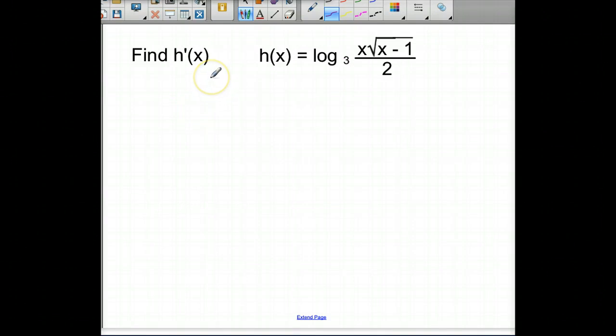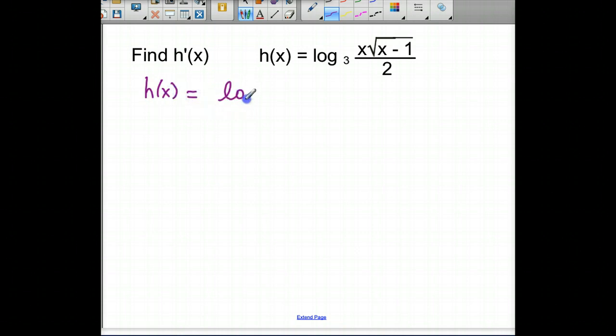How about this one? If we have to find the derivative of h, and h has all these logs, right? Can we use the log properties to simplify this? Or change of base theorem, or what should we do? We can definitely rewrite this using the log properties.